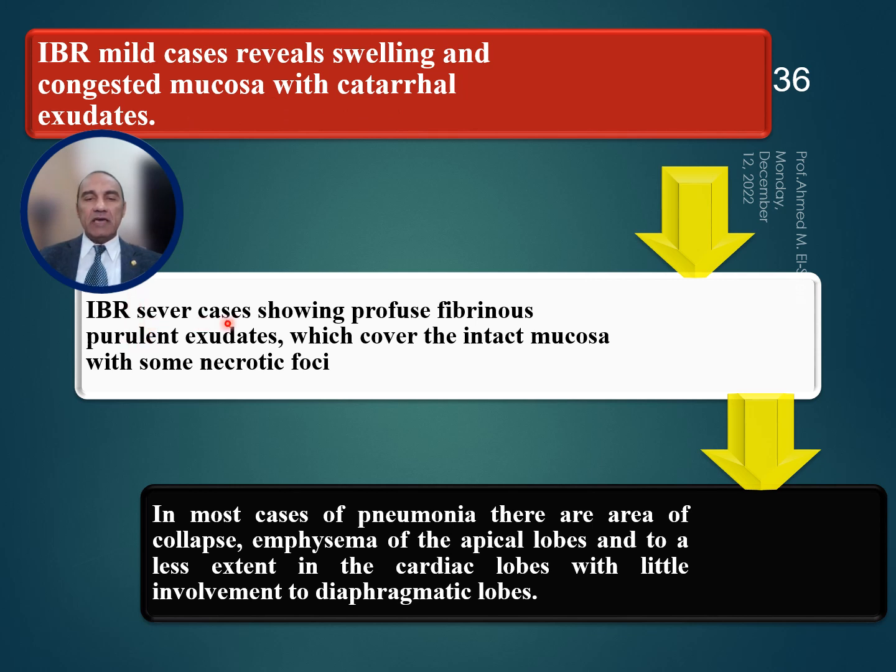Severe IBR cases show profuse fibrinous purulent exudates which cover the intact mucosa with some necrotic foci. In most cases of pneumonia, there are areas of collapse and erythema at the apical lobe and to a lesser extent in the cardiac lobes, with little involvement of the diaphragmatic lobe of the lung.